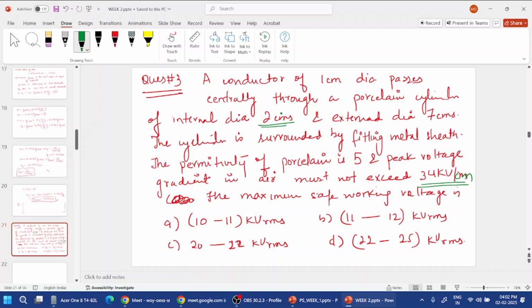Based on that, you can calculate the voltage also. Because we have to calculate the total maximum safe working voltage, we have to consider both G1 plus G2. Both stresses we have to calculate. Okay, so I will wait for your answer in the chat box.